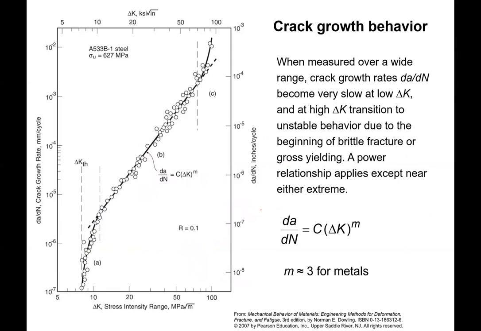Okay, so the data that we need to predict the lifetime is the crack growth rate per cycle. So how fast is the crack growing during every cycle of our test or a real life component? And what we've got plotted here is data from one of these fatigue tests where we're measuring, usually with a camera or something, the crack length versus the number of cycles.